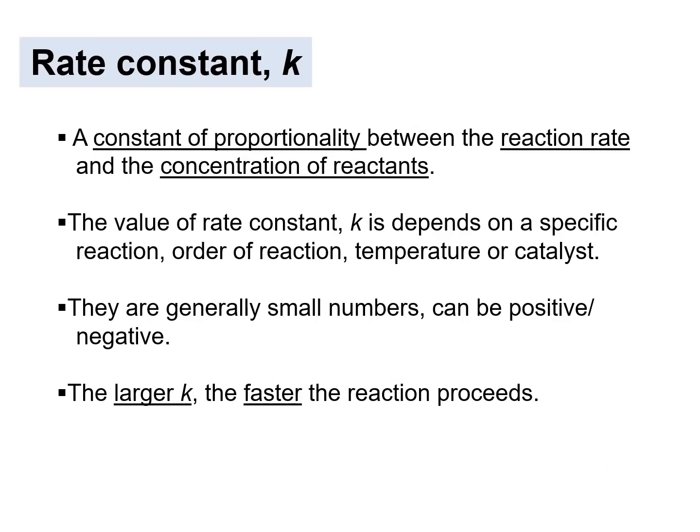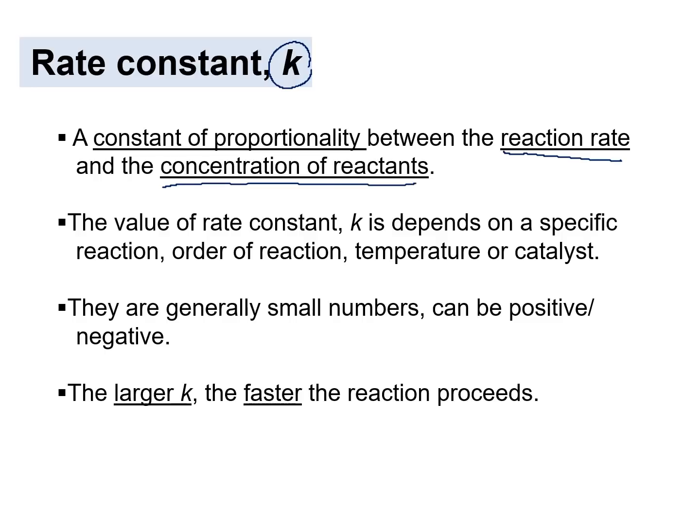Since rate constant adalah salah satu key term untuk define the rate law, you have to know what is meant by rate constant. Rate constant, the symbol is small letter k. Rate constant is a constant of proportionality between the reaction rate and the concentration of reactants.